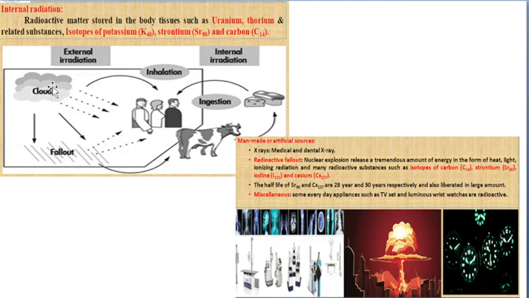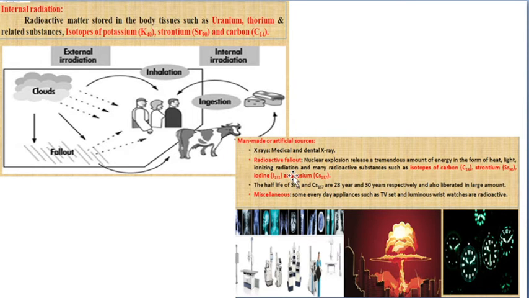Internal radiation is also there, for example radioactive matter stored in body tissue such as uranium, thorium and related substances, isotopes of potassium, strontium and carbon. Then man-made or artificial sources, for example X-rays, which are used vastly in medical and dental X-ray.